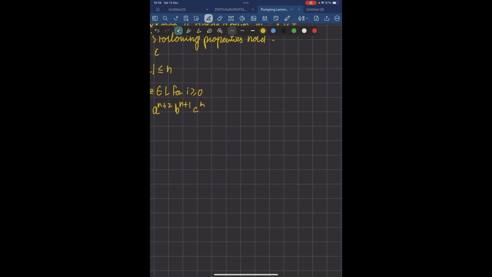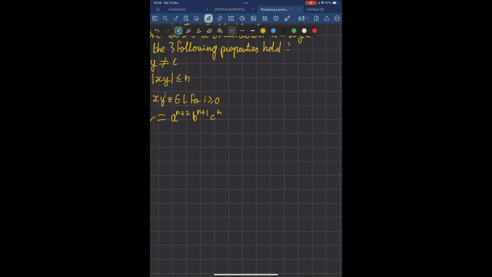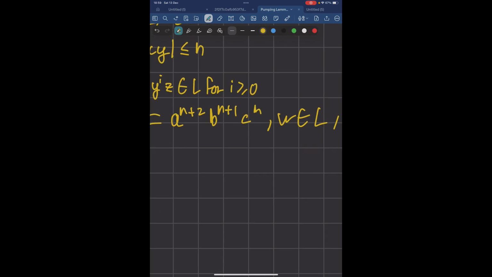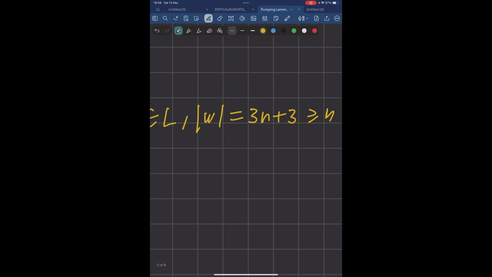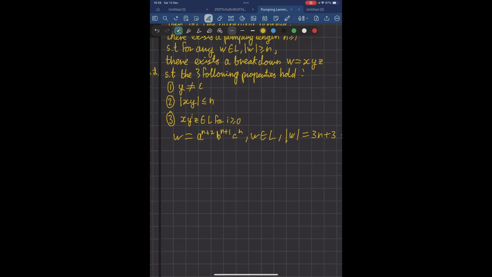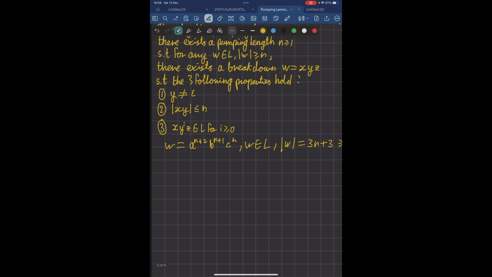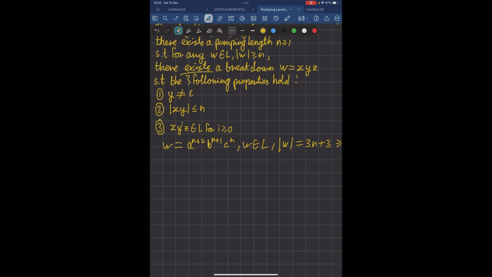So let's try this. Let's write it down. So we have that w is an element of the language, and that the length of w is n plus 2 plus n plus 1 plus n, which is just 3n plus 3, which is greater than or equal to n. So because this is true, then by the pumping lemma, there must exist a breakdown.